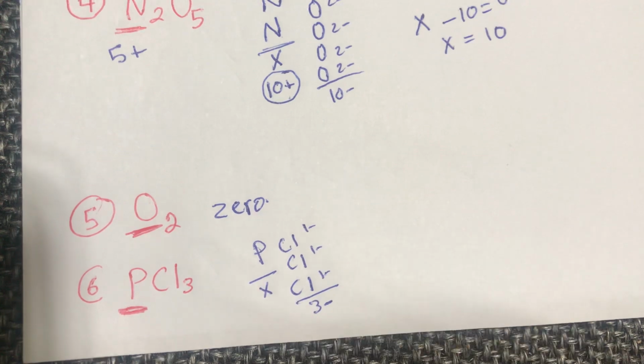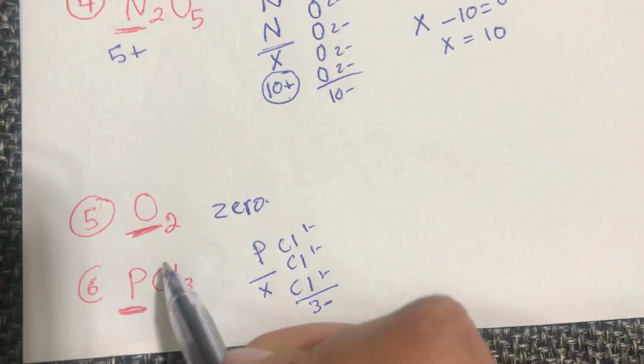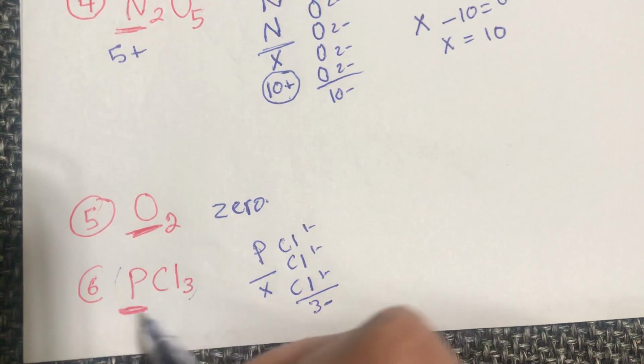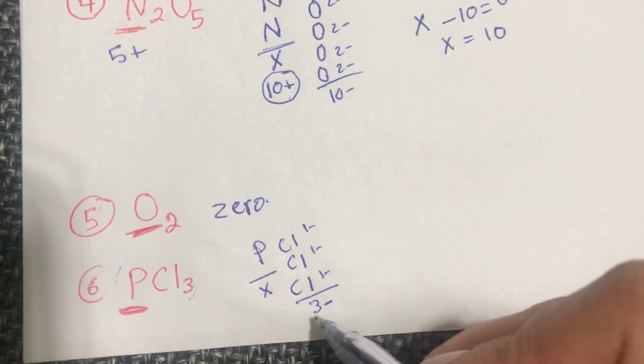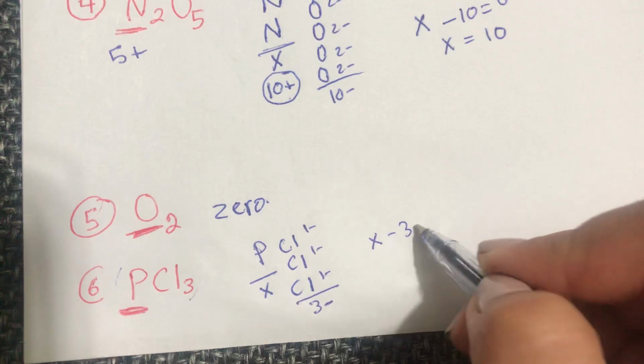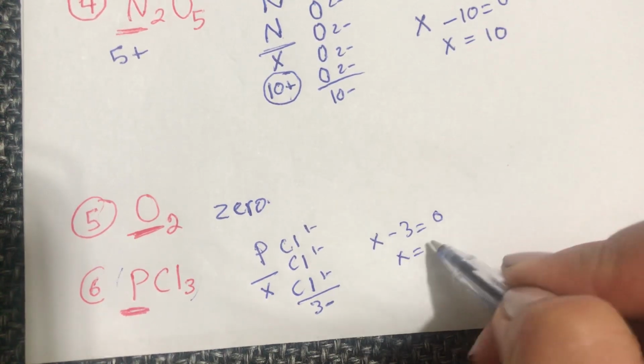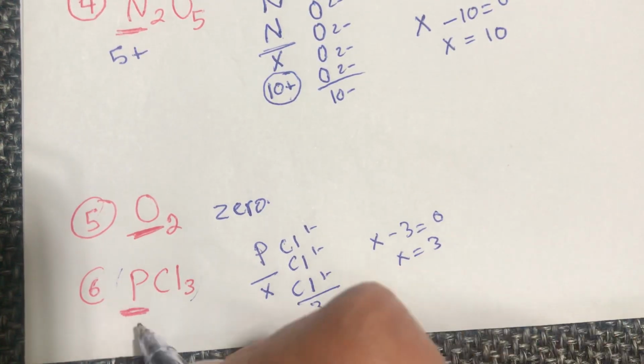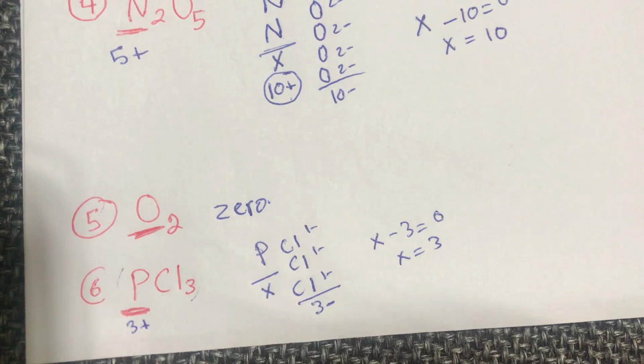And here unknown, you have to calculate it. It's a neutral compound, so when you add the oxidation numbers to each other, the total is 0. So the oxidation number of phosphorus is positive 3.